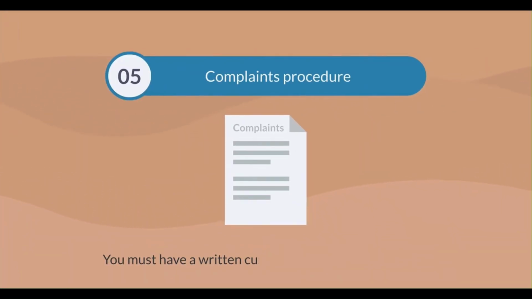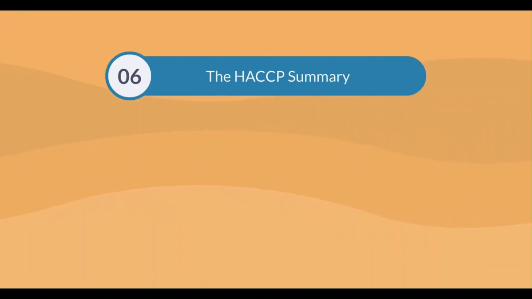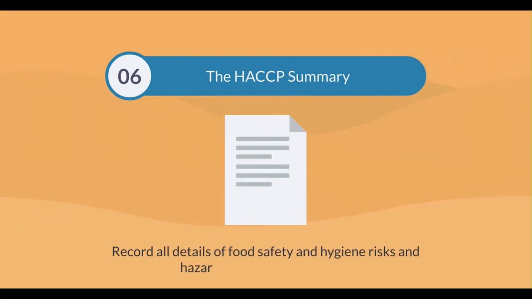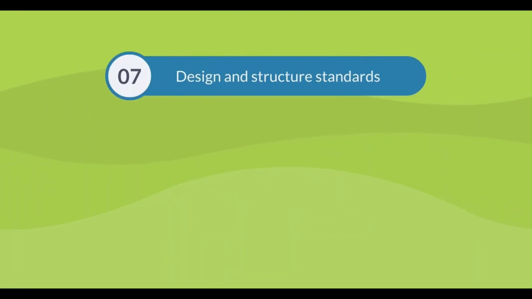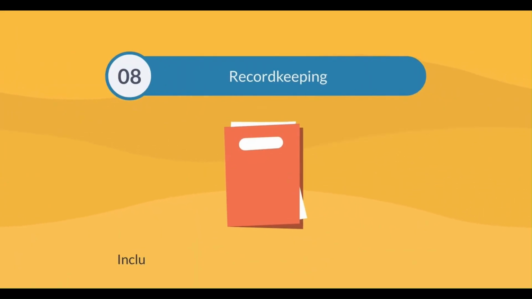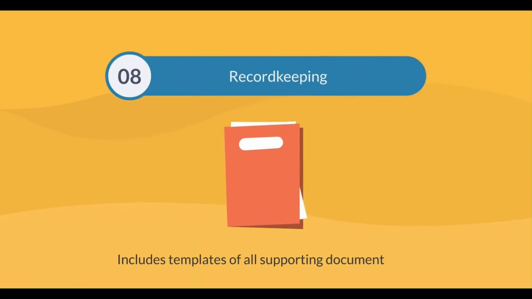You must have a written customer complaints procedure. The HACCP summary. Record all details of food safety and hygiene risks and hazards associated with them. Design and structure standards. Your premises design and structure must be safe, including facilities and equipment. Record keeping includes templates of all supporting documentation.